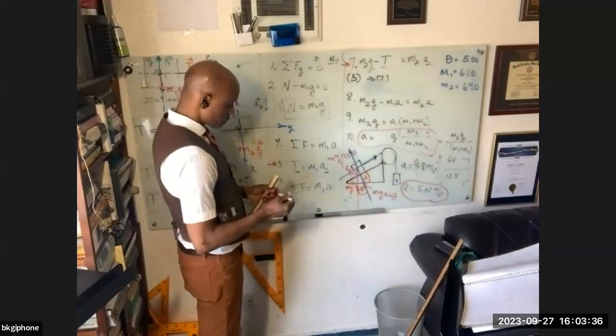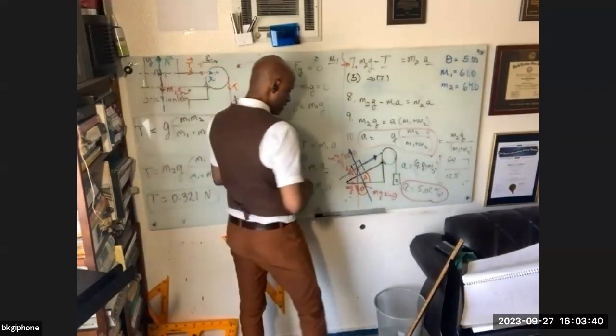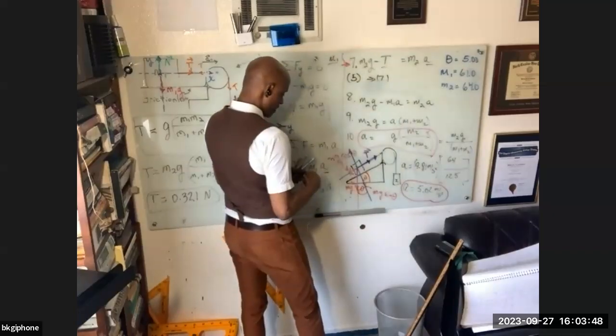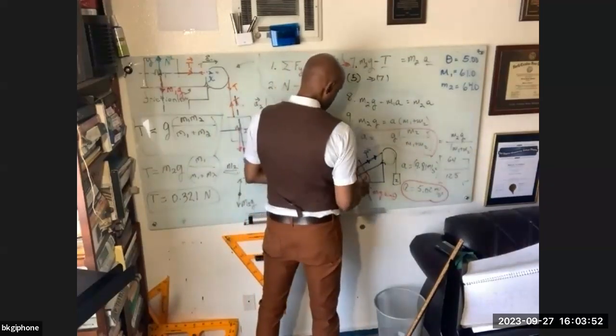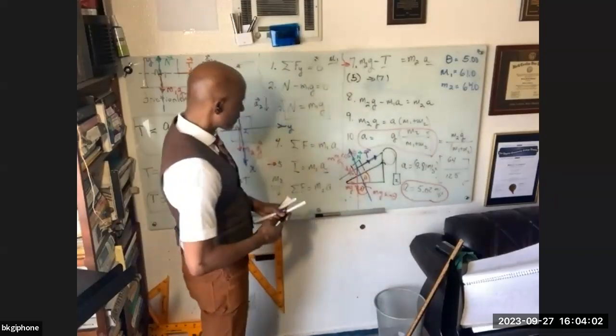I still have the tension force and the normal force. So to the right over here, I've got tension. And straight up, I've got the normal force, straight up along the y-axis, which is actually perpendicular to the plane.